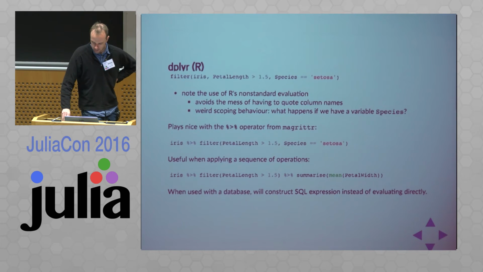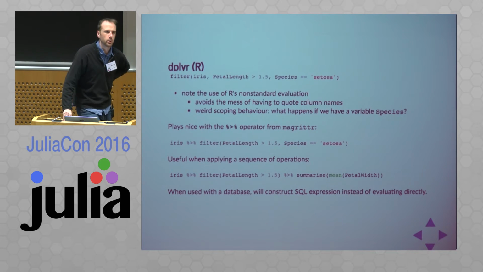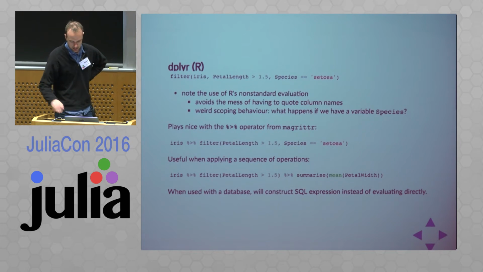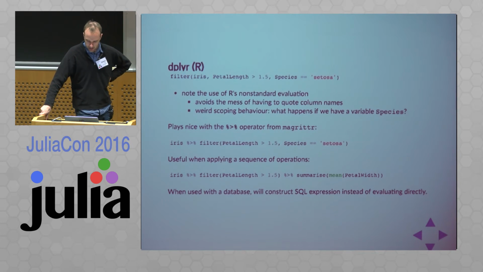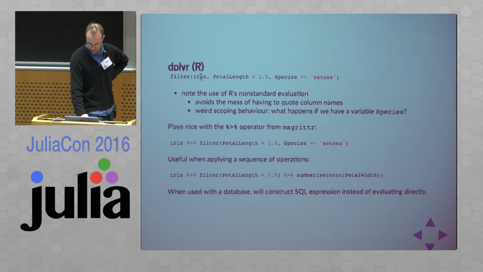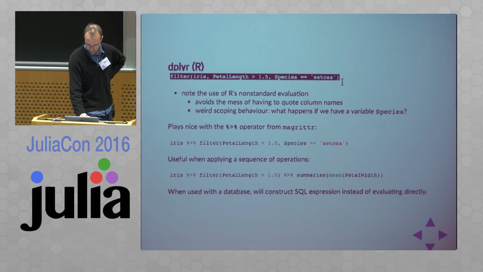So probably one of the better, more innovative solutions in this area has been the dplyr package in R. For those of you who haven't seen it before, my subsetting clause, the filter clause here, would work like this.